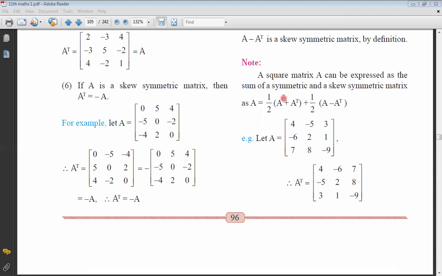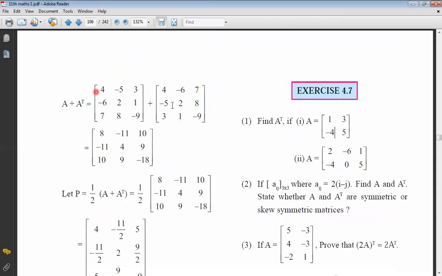And then A plus A transpose and A minus A transpose. Let's start with A plus A transpose. This is A, this is the transpose. We'll add corresponding elements. 4 plus 4, minus 5 plus minus 6 is minus 11, and minus 6 plus minus 5 is again minus 11. 3 plus 7, sorry, 3 plus 7 would be 10, and so on.